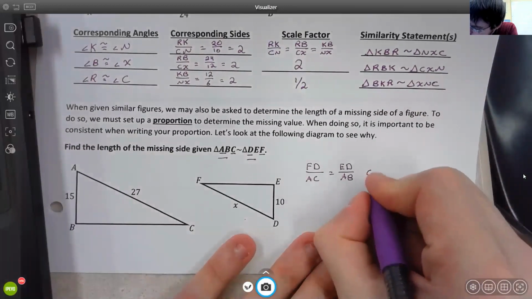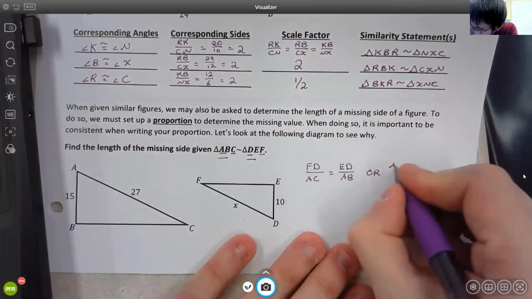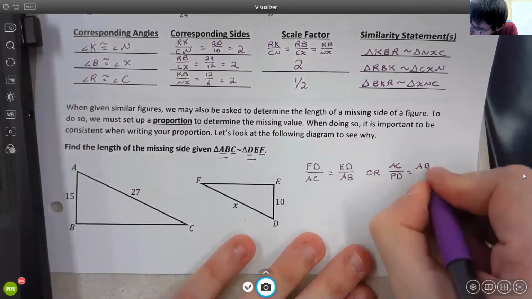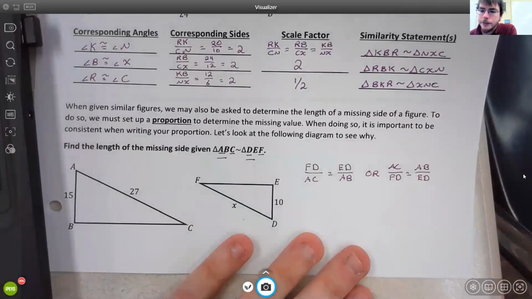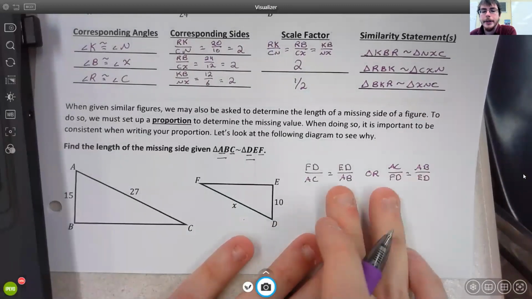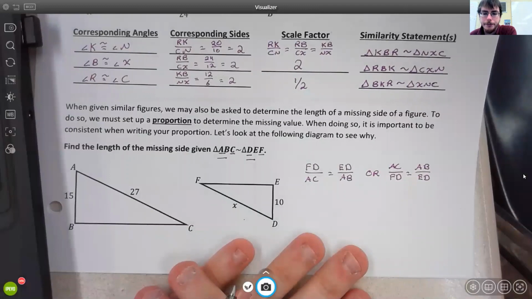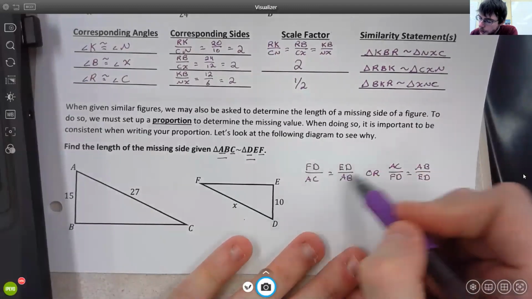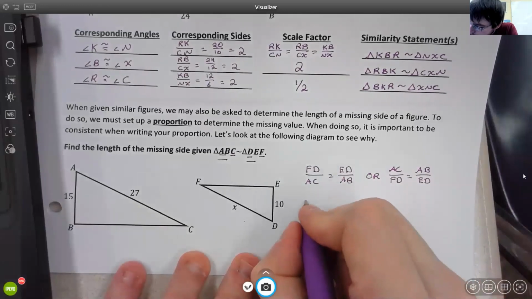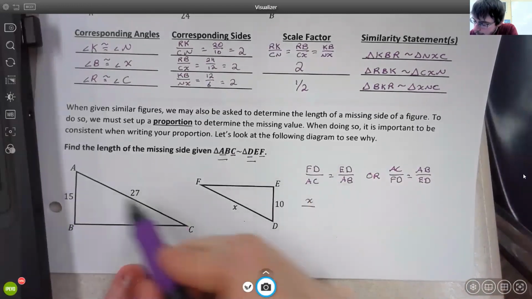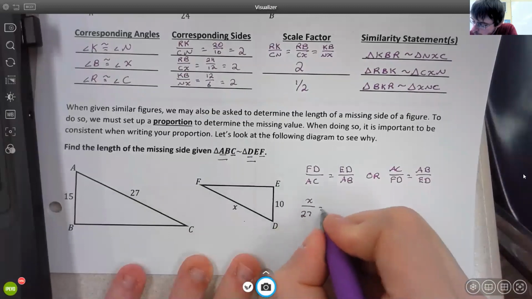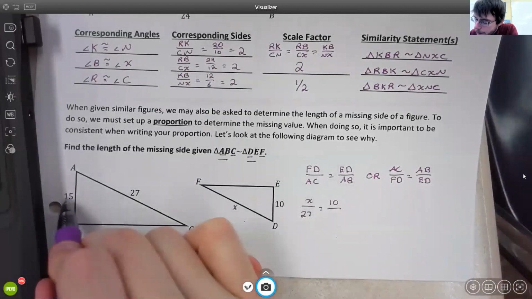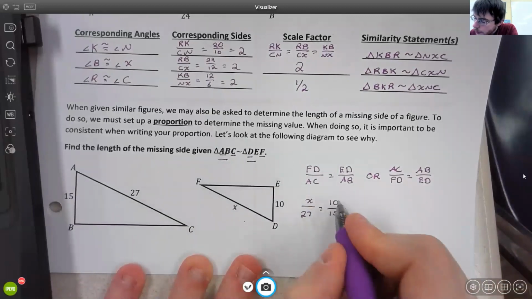Now you could also write this as AC over FD equals AB over ED. They're the same exact thing, just inverted. It'll give you the same answer. So I'm going to use this one here. FD is X, AC is 27, ED is 10, and 15 is AB.